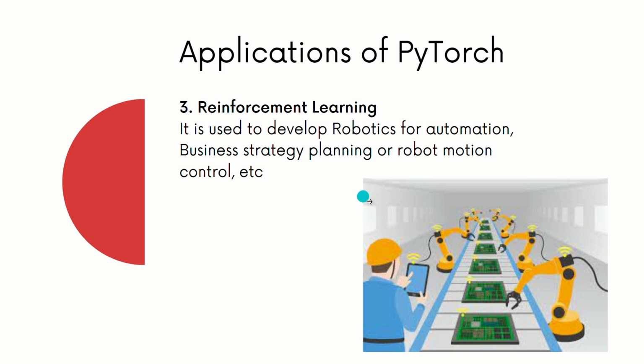The third one, reinforcement learning. Firstly, what is reinforcement learning? You must have heard of the word reinforcement. Take an example of a child. If a child does something that is harmful, something that is not good, the parents will scold the child. That is a kind of negative reinforcement.